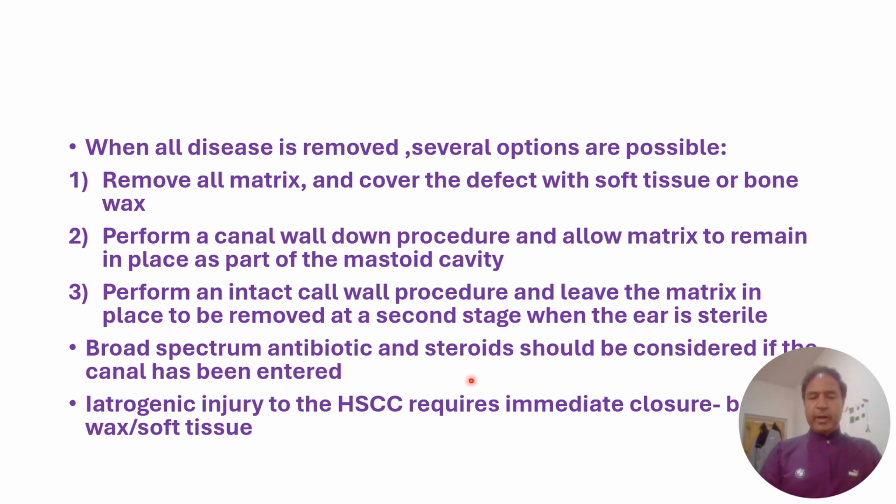Broad spectrum antibiotics and steroids should be considered if the canal has been entered. Iatrogenic injury to the horizontal semicircular canal requires immediate closure with bone wax or soft tissue.